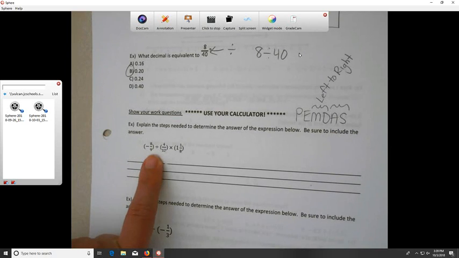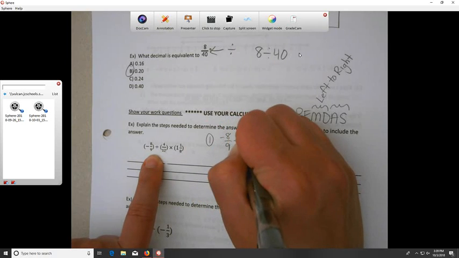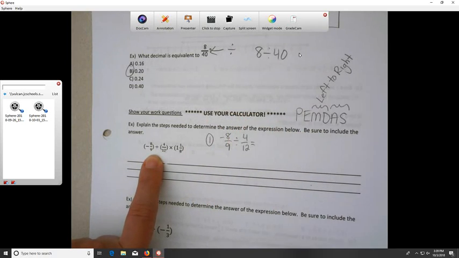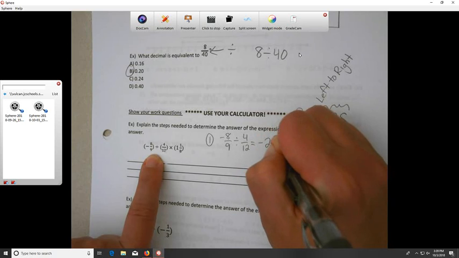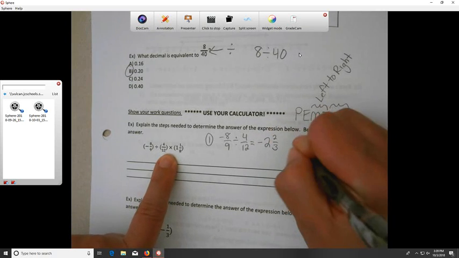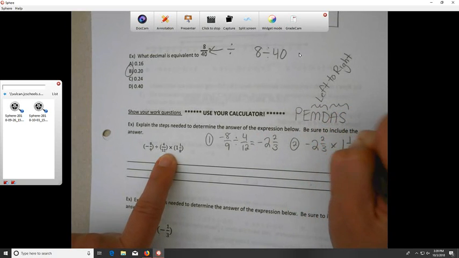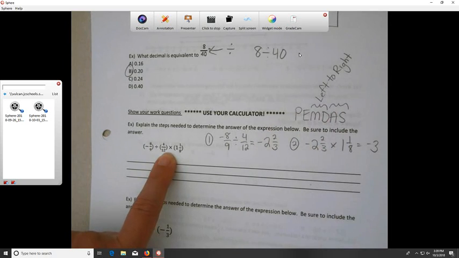So my first step is going to be negative 8/9 divided by 4/12. If you type that into your calculator, you're going to get negative 2 2/3. My next step would be the multiplication. So now I'm going to do negative 2 2/3 times 1 1/8, and you'll get an answer of negative 3.